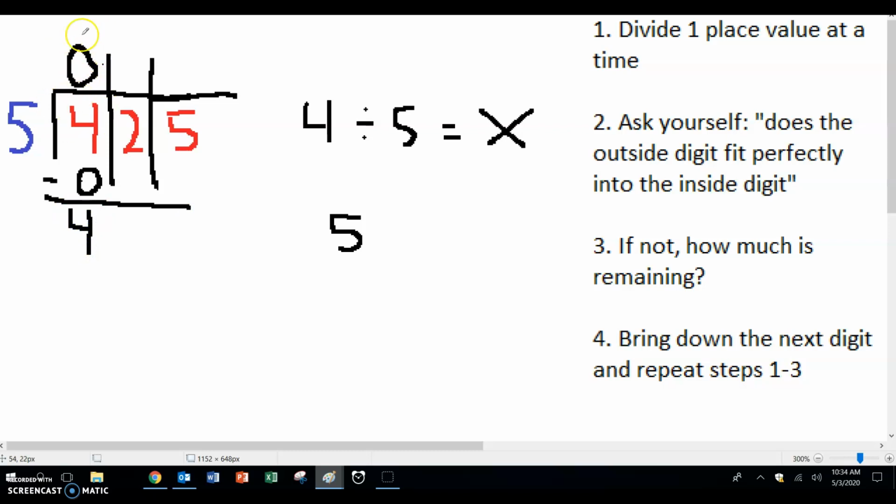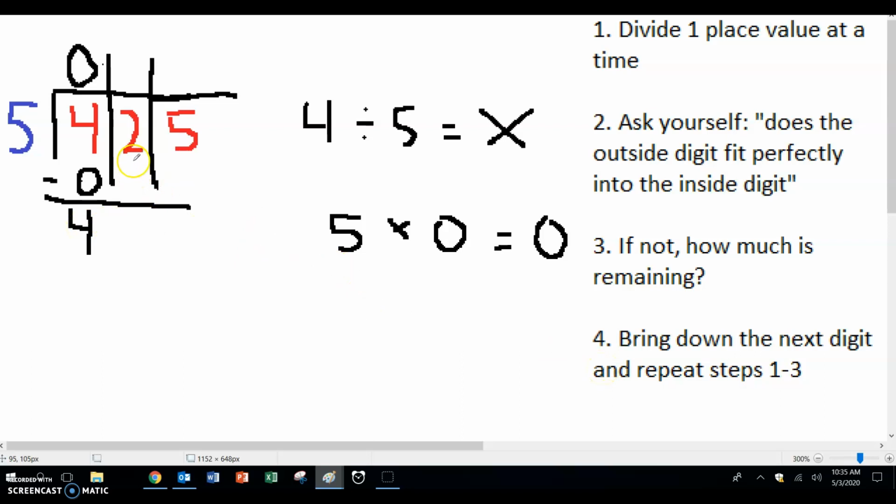Five can't fit into 4, which means the closest we can get to 4 is 5 times 0. Anything times 0 is 0. And if the closest we can get to 4 is 0, then that means we are left with a remainder of 4. Let's go to the next step.